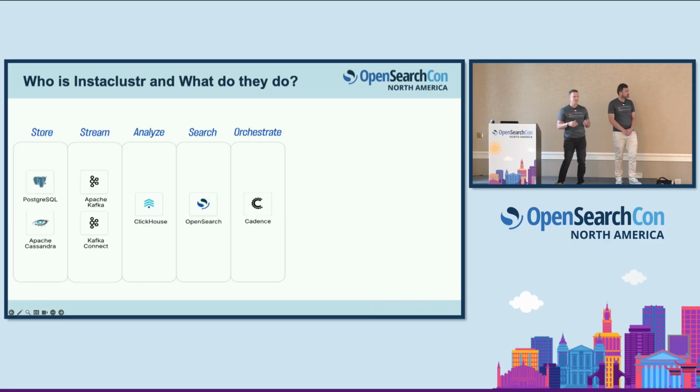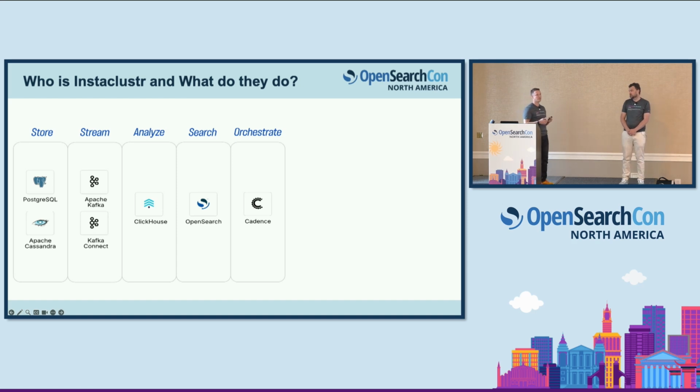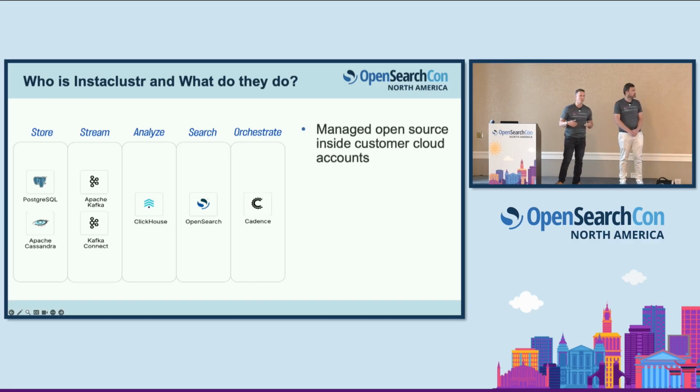So all this maybe makes more sense if you know a little bit about NetApp Instaclustr and what we do. As you can see up here, we have a number of different technologies. In NetApp Instaclustr, we provide managed services for these technologies. What that means is you choose the open source technology, you choose the cloud that you want it in, and we will run those inside of your cloud accounts. And something that also stands out here is that we do pure open source.